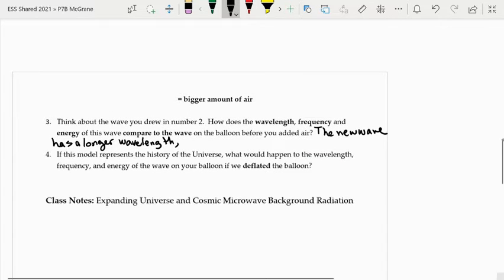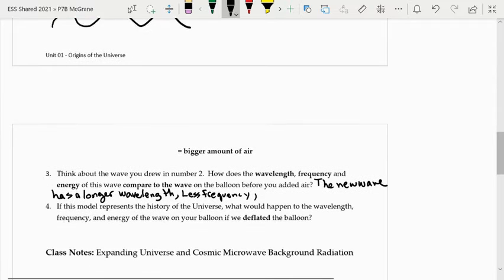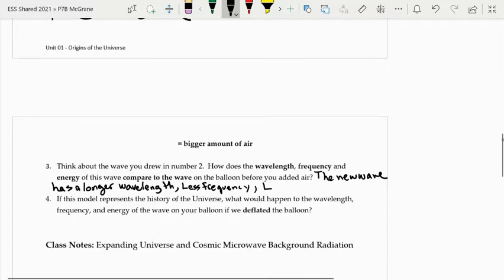So I can say that it has a longer wavelength, lower or less frequency. Each wave delivers some energy. And so if the wave is less frequent, coming less often, it's delivering less energy. So I'm going to have lower or less energy.